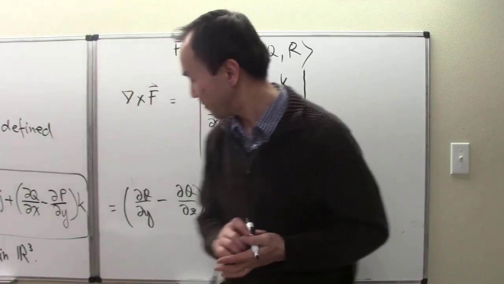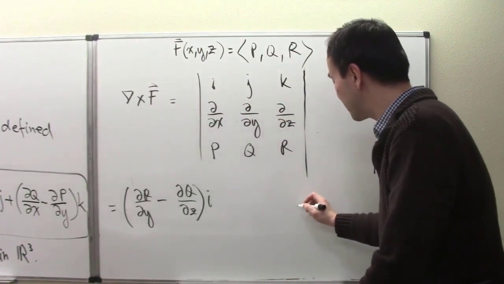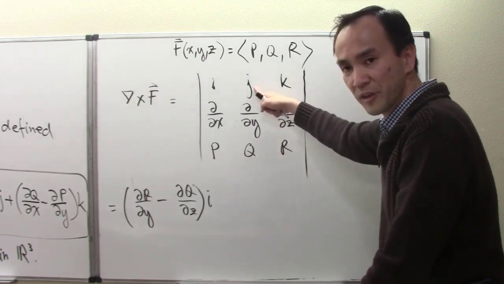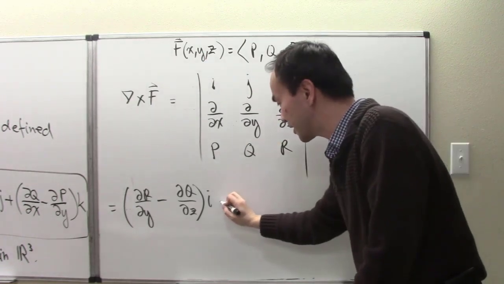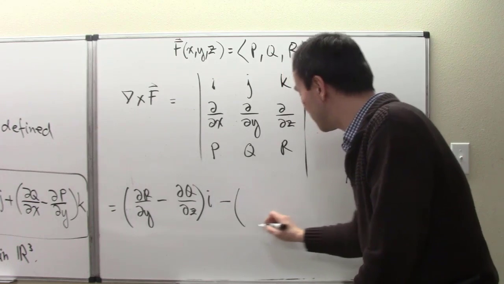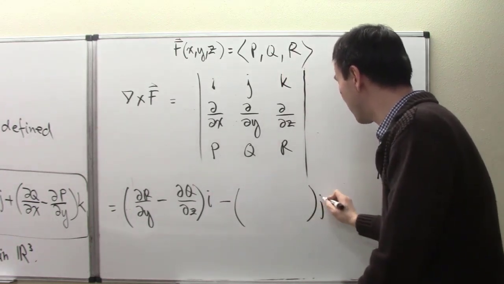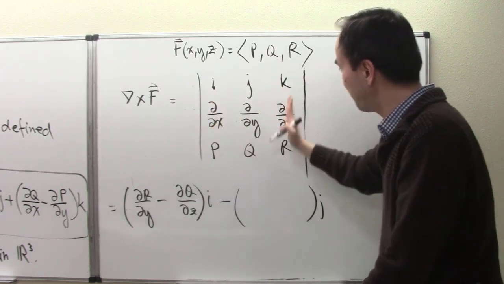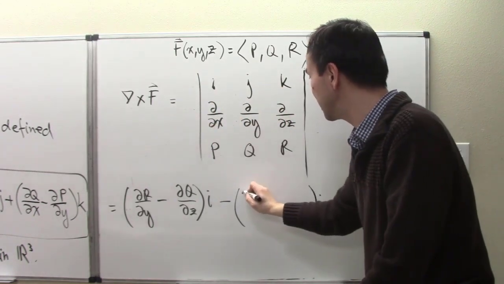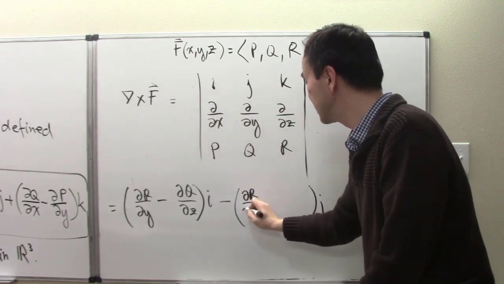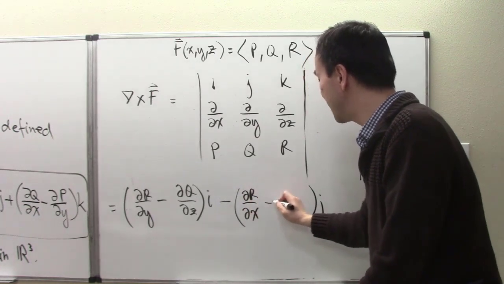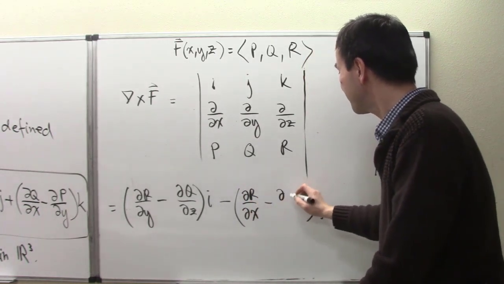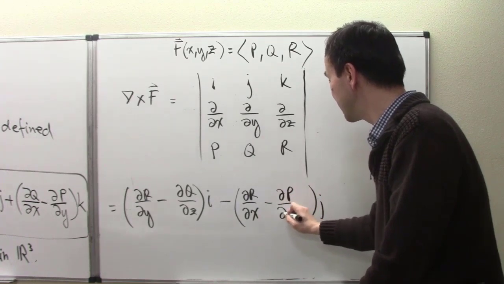And so in that way, let's continue. For the next one here, we're moving over to the j component, but with a minus sign. And so now here we have the j component. With the j component, we're going to need to go with these four entries. So it's going to be dR/dx minus dP/dz.